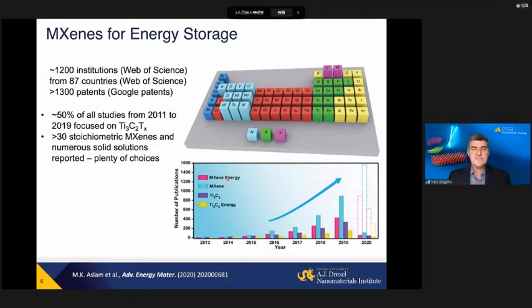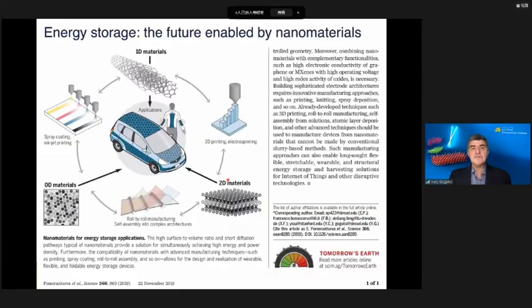Naturally, this was the first area where we started to use MXenes after discovery of this material family, and which has been explored by now pretty intensely by hundreds of research groups around the world.